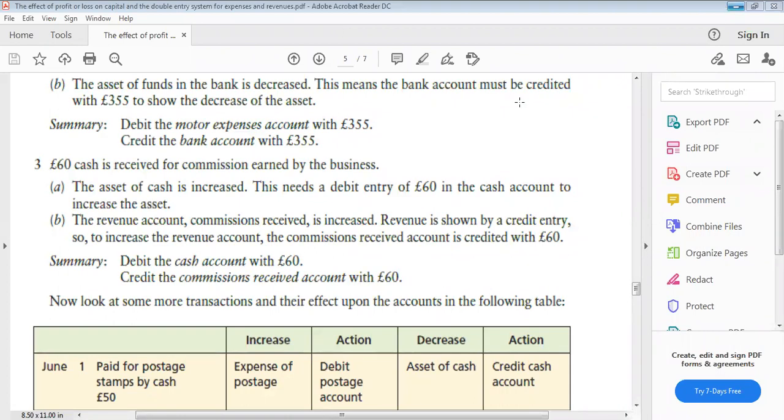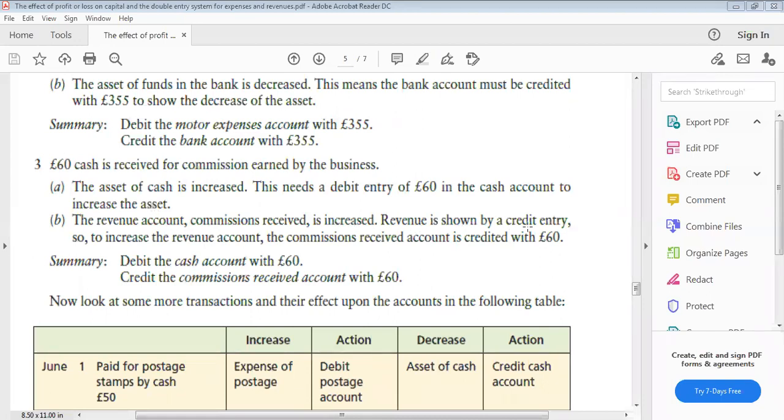All right. $60 cash you receive for commission earned by the business, right? Now, the asset of cash is increased. This needs a debit entry of $60 in the cash account to increase the asset. The revenue account, which is commission received, is increased.